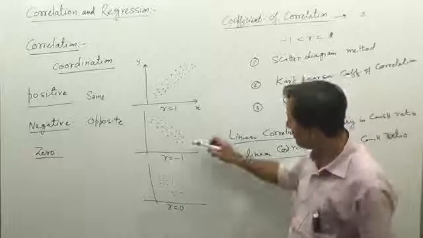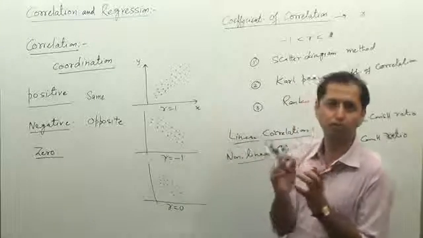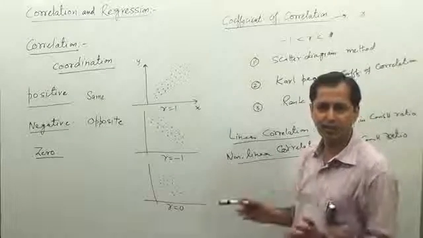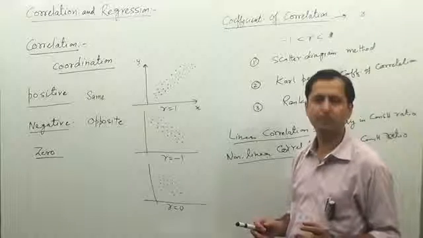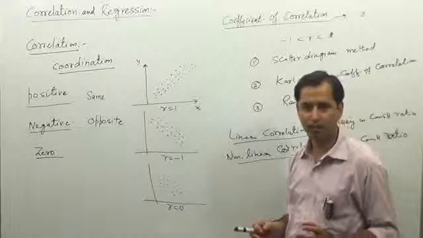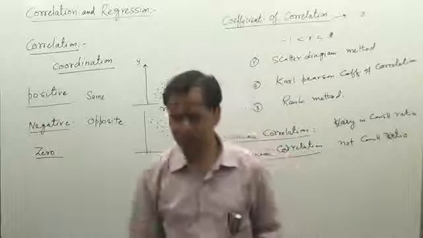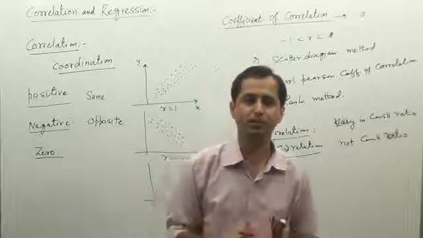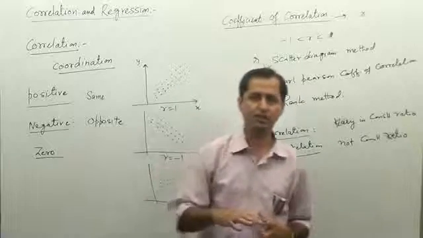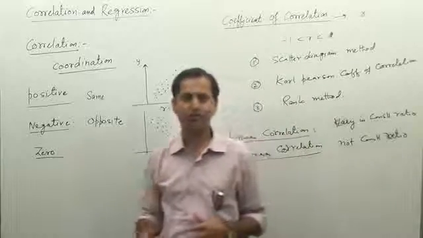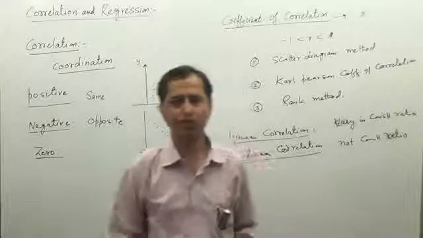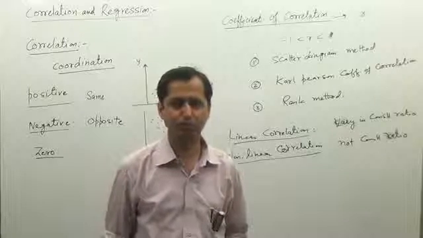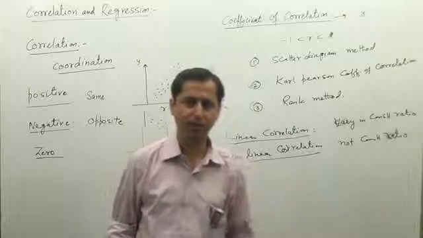Okay, so if these points are very close to each other, then we can say that the degree of correlation is very high. Means the values are closely related to each other. The change of one value will give effect to the other variable also. So this is the scatter diagram. This method is not prescribed mainly.